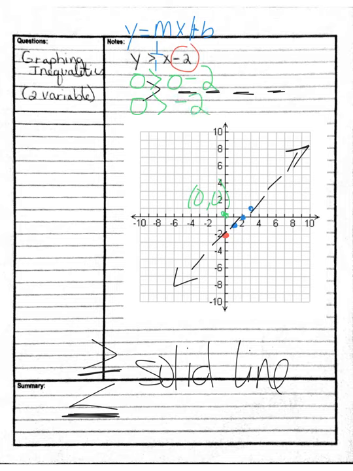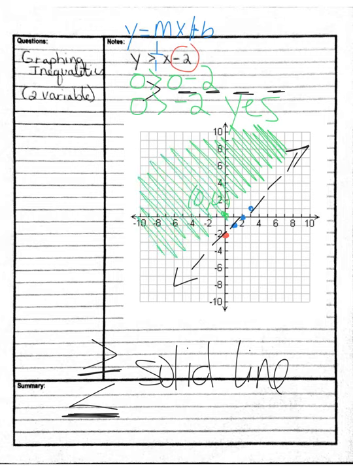Is that a true statement? Yes, it is. So we actually shade everything above this line. Since that point 0, 0 works, you shade where the 0, 0 is. So again, a dashed line because it was just a greater than symbol.